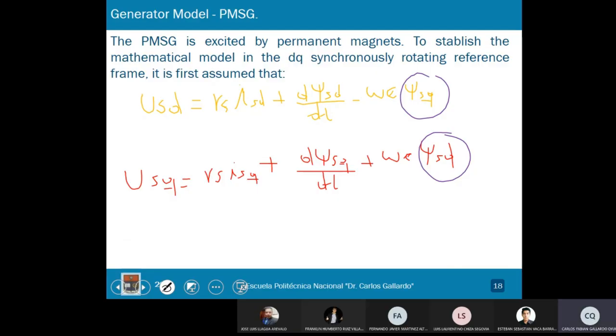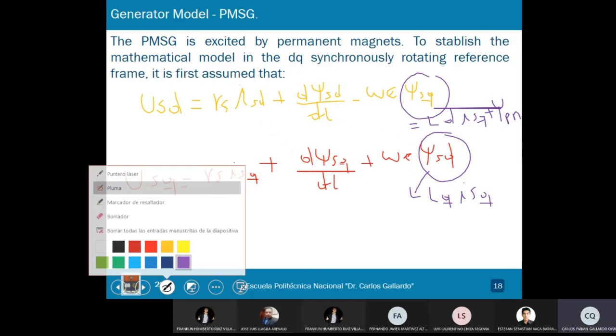So I will say this is equal to the inductance on the D axis times the stator current on the D axis plus, this is for the permanent magnet synchronous machine, the permanent magnet flux. And by definition, we know in this case the stator flux on the Q axis is equal to the quadrature axis inductance times the stator current on the Q axis.